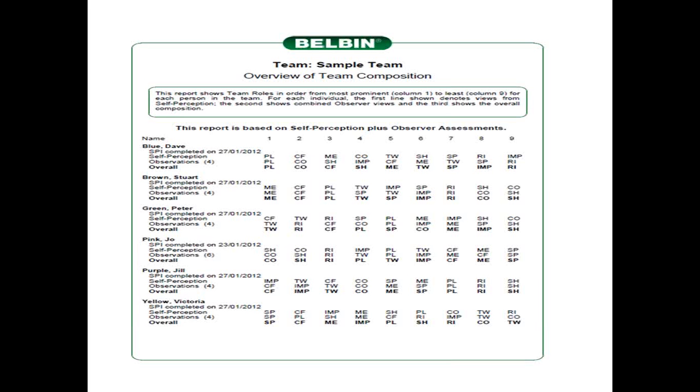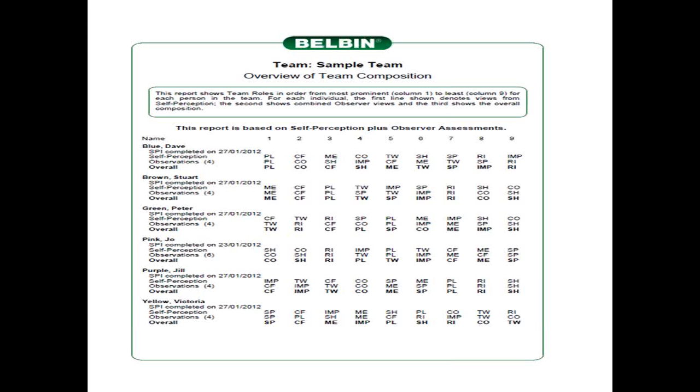Some of you would be familiar with this in the older electronic version, eInterplace, where you have from left to right the top 3 preferred team roles, the least preferred team roles, and the number of observers.